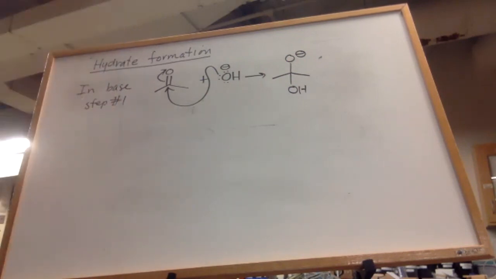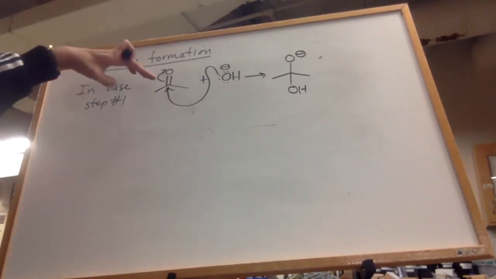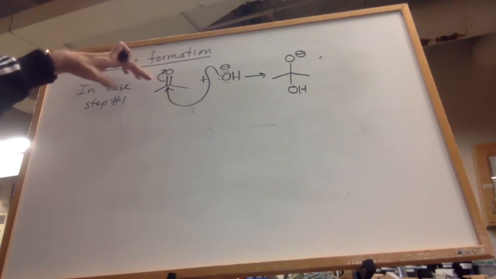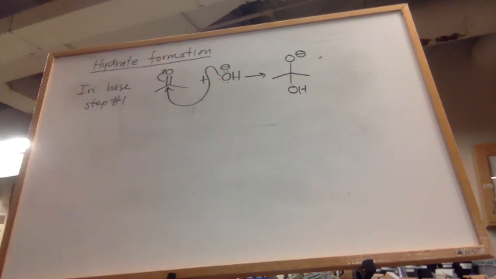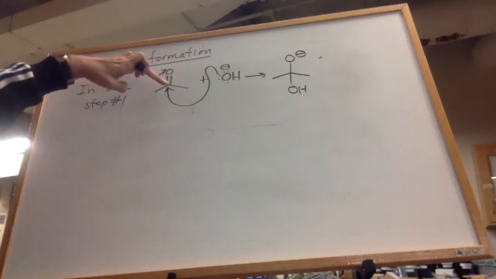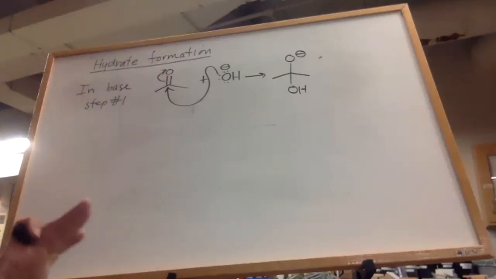Okay, so what we see here is the carbonyl carbon's an electrophile. It's attacked by nucleophiles, OH minus, that's a nucleophile. It's electron rich. It's so electron rich it has this negative charge on it. It attacks the carbonyl carbon. But I can't just stop there, because if I just bring in the OH minus, I'm going to have a carbon with five bonds.